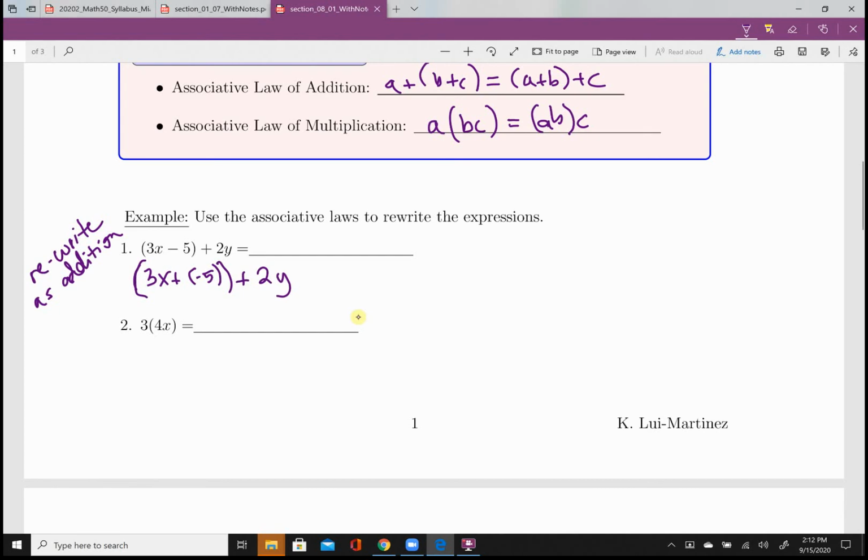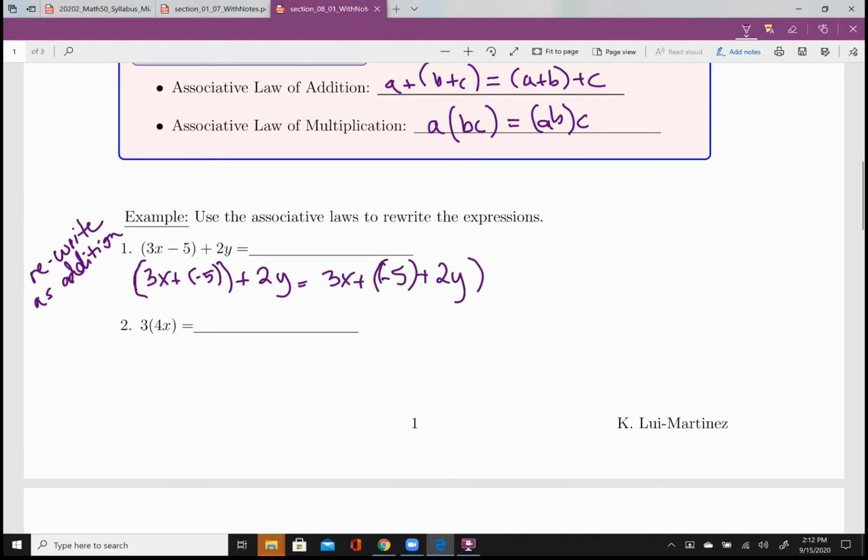So now you can take these outer parentheses and pick them up and move them. I'll show some work, right? Let's erase this right here. Okay, so now it can be 3x plus negative 5, parentheses around that, plus 2y.